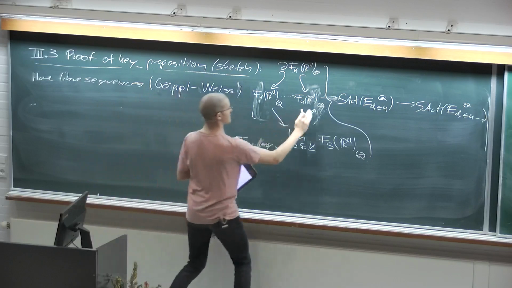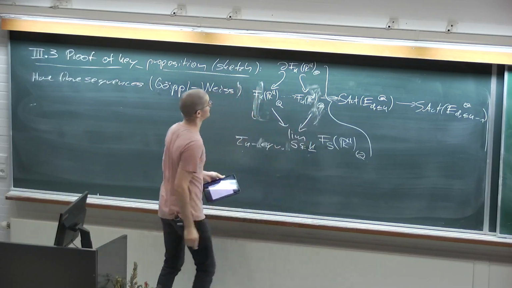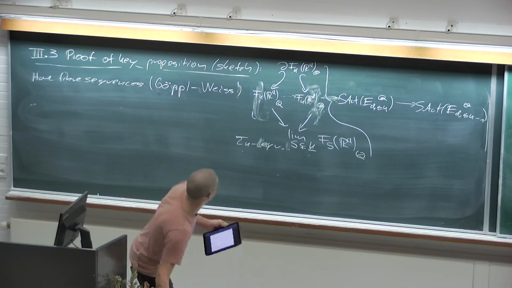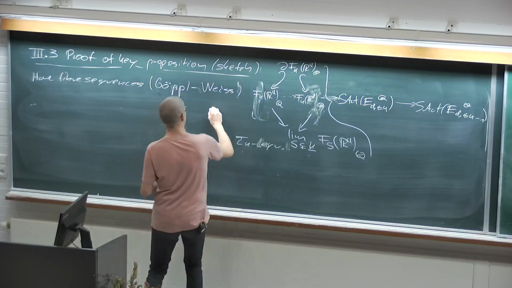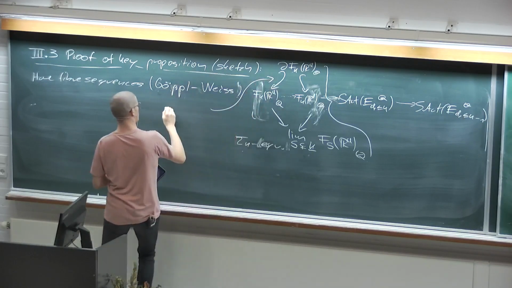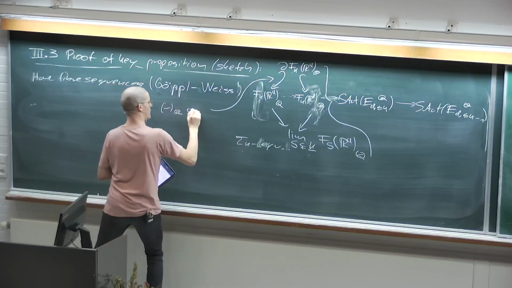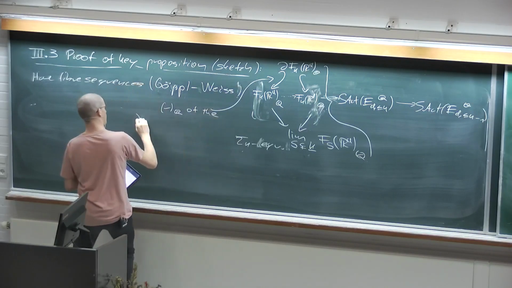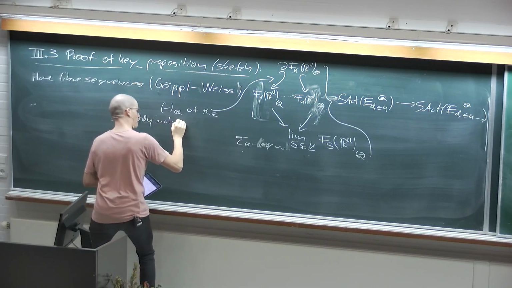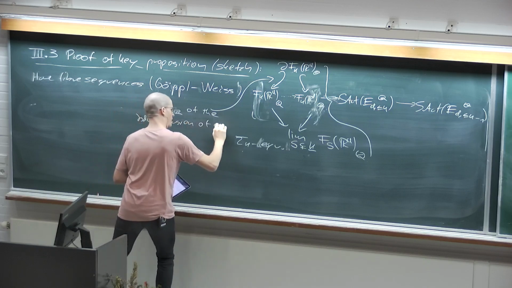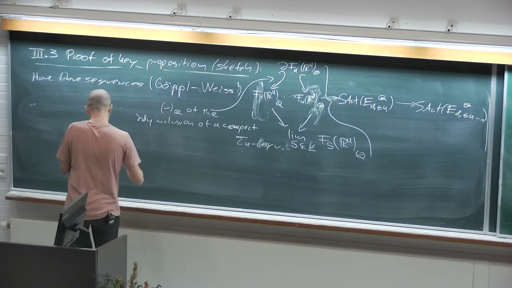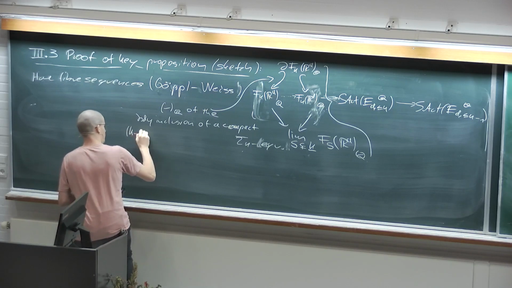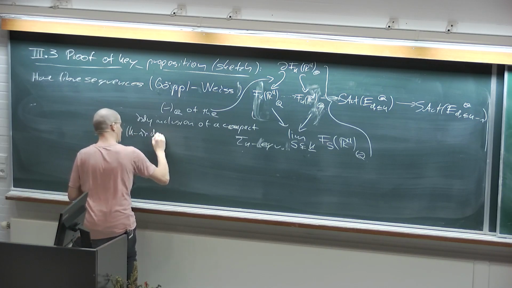Yes, thank you. So I don't want to say too much about what kind of compactification is appearing here. Let me just say that this arrow here is the rationalization of the boundary inclusion of a compact manifold, and the dimension is given by (k minus 1) times (d minus 1).